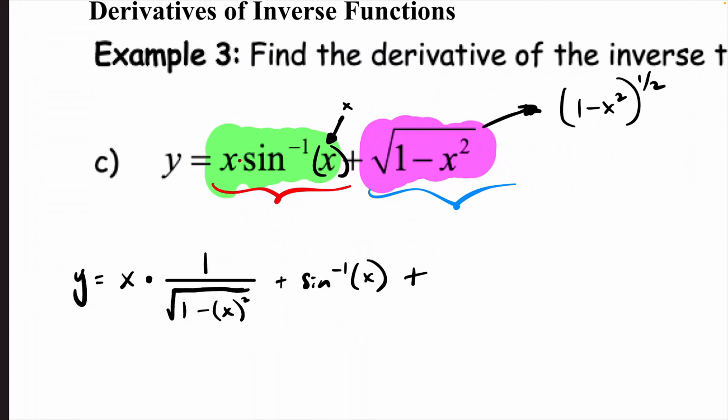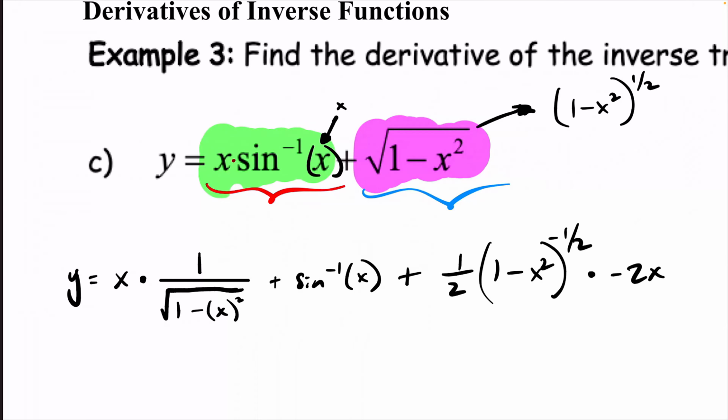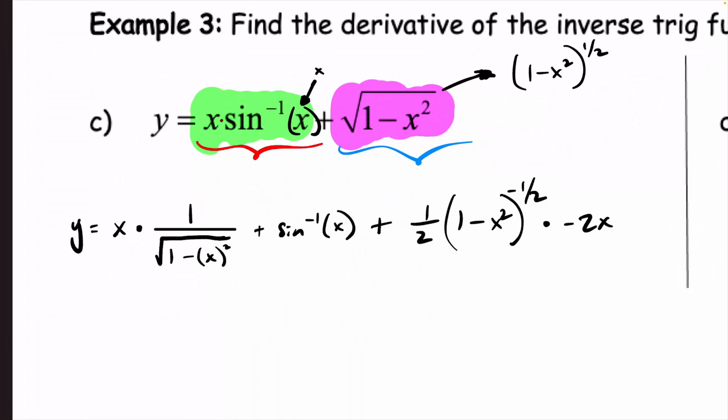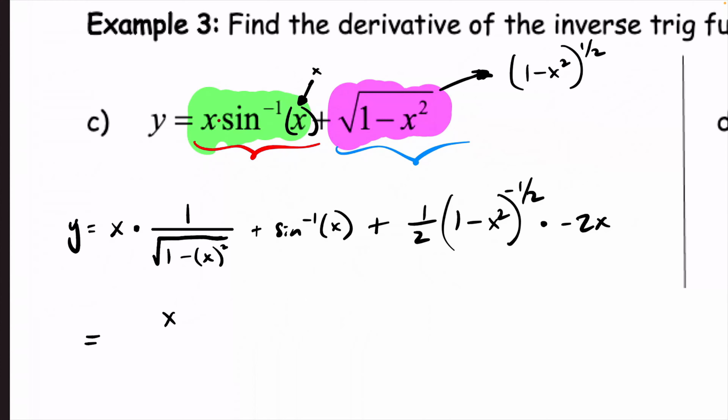Okay, so chain rule. 1 minus x squared to the negative 1/2 times the derivative of the inside, which is negative 2x. Okay, clean it up a little bit. So that's the derivative. Like I said, that is the derivative.